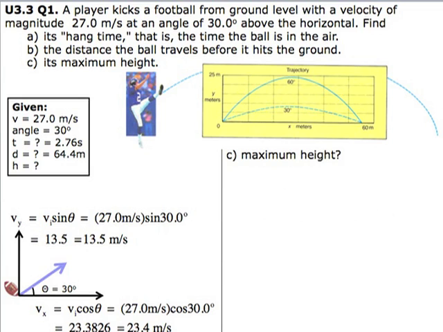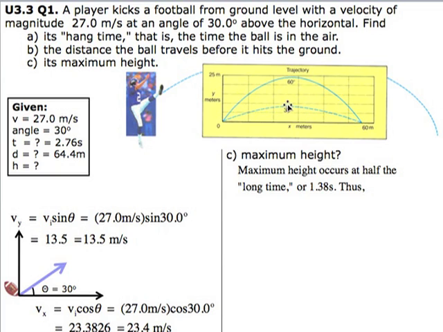Now let's find the maximum height the football goes. That's the height from the ground to the maximum height the ball reaches in the air. The total time the ball is in the air is 2.76 seconds, which is the time it goes from here all the way across there.